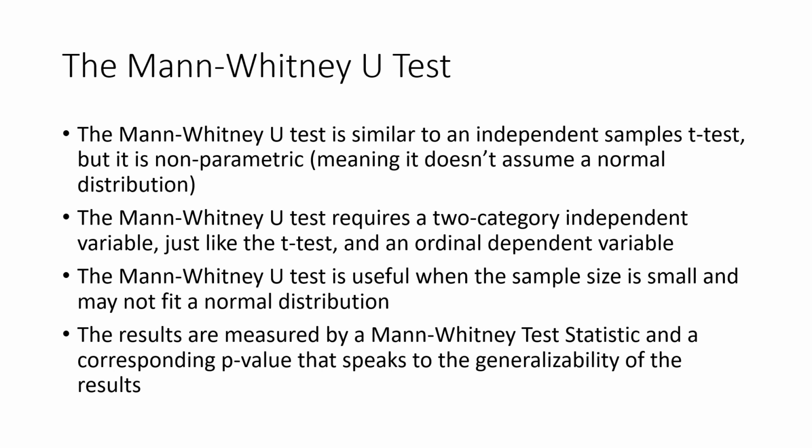The results of a Mann-Whitney U test are essentially a Mann-Whitney test statistic as well as a corresponding p-value, and that p-value would tell you whether or not you can generalize the results from your sample to your population.